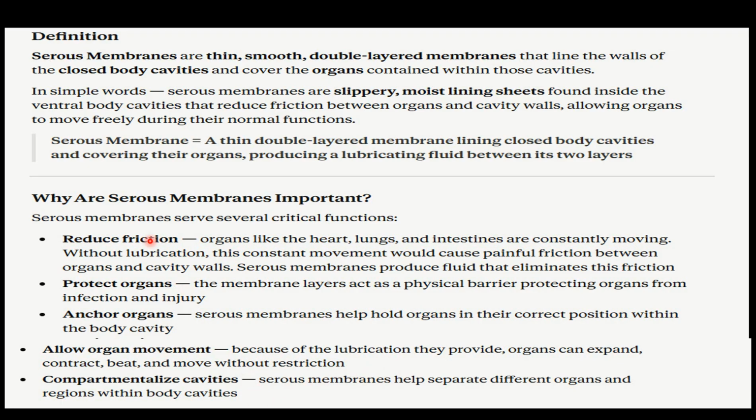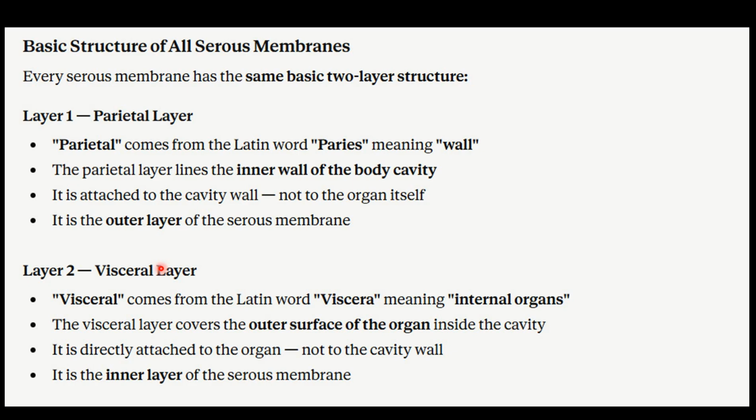So now you can understand why it is so important: it reduces friction, it protects the organs, it anchors the organs, and it allows movement as well. Along with that, it helps compartmentalize cavities. These are some important points that you can write in your exam to explain what serous membrane is.